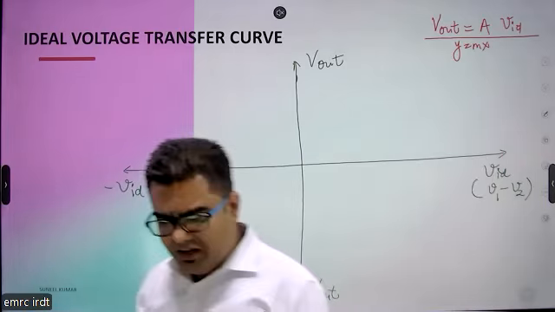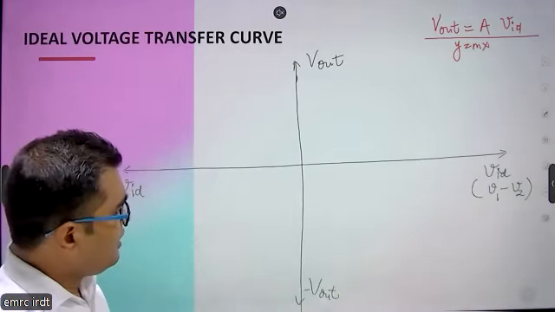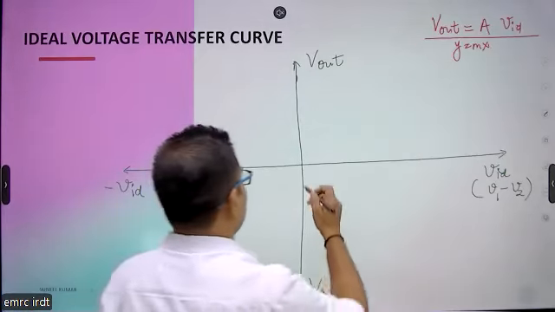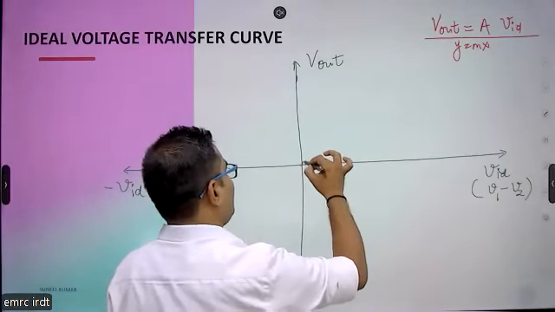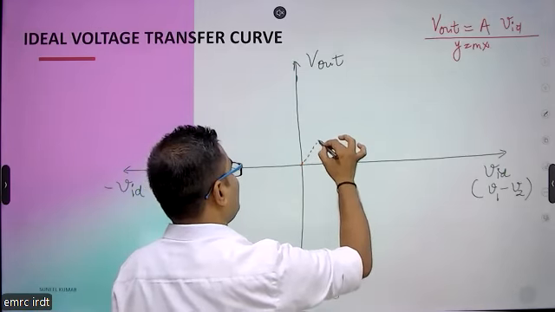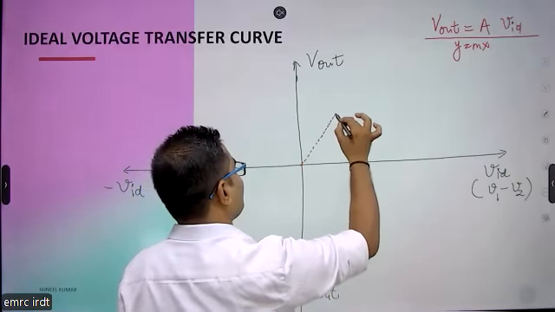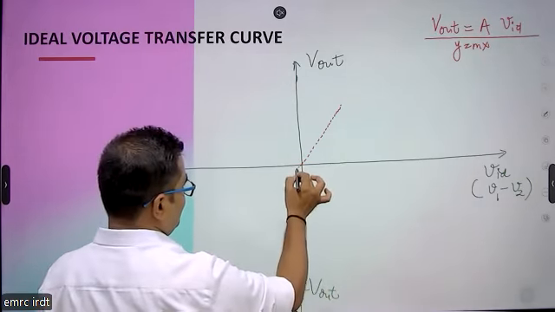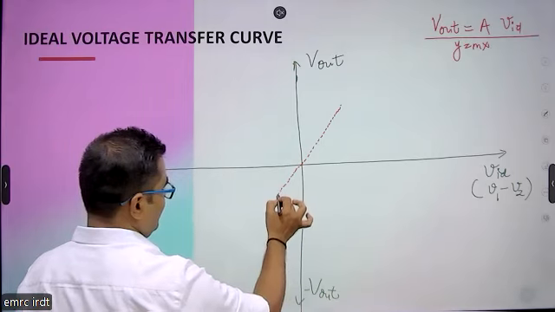So as we increase the value of V1 or the value of V2, the output will increase linearly. As we increase the value of V1, it will increase linearly like this. And similarly, if we increase the value of V2, it will increase linearly like this.